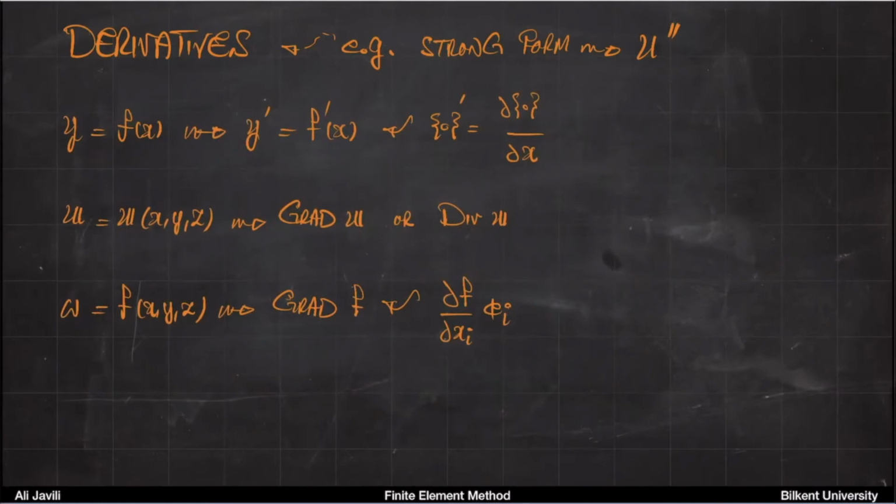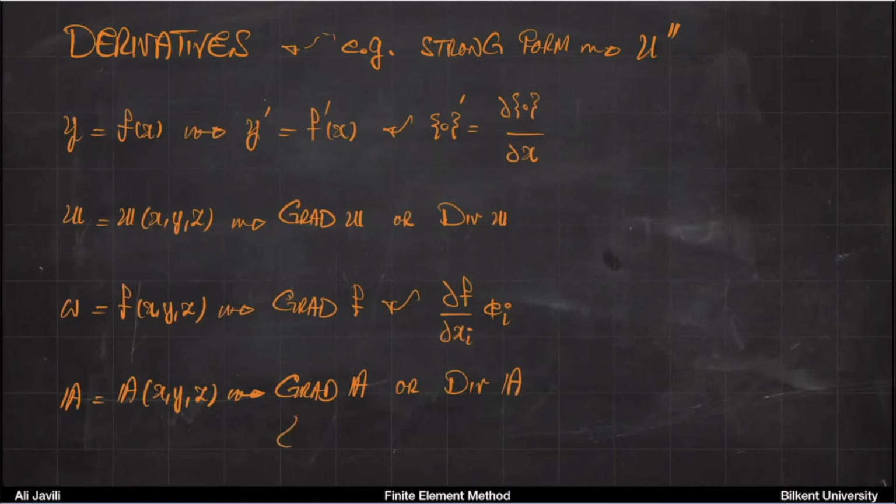So let's say now you have a matrix A that is, I don't know, a function of also different coordinates, so x, y, z. Also in this case, you can define the gradient of A, and also you can define a divergence of A. But then the idea would be the same.